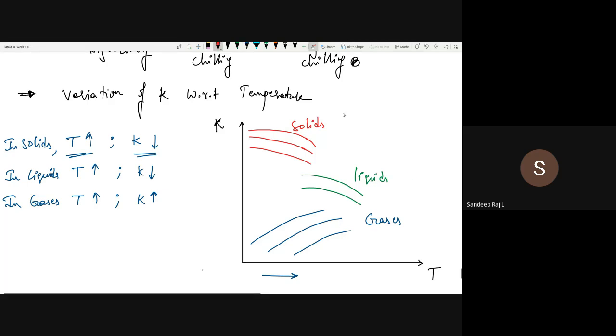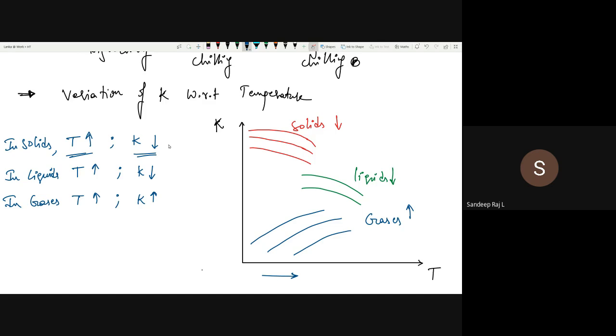Let's show it with these colors. Here it is reducing, here it is reducing, and here it is increasing. As you go on here, the thermal conductivity is increasing. So you remember this graph. When you remember this graph, you should be able to tell what happens to thermal conductivity.